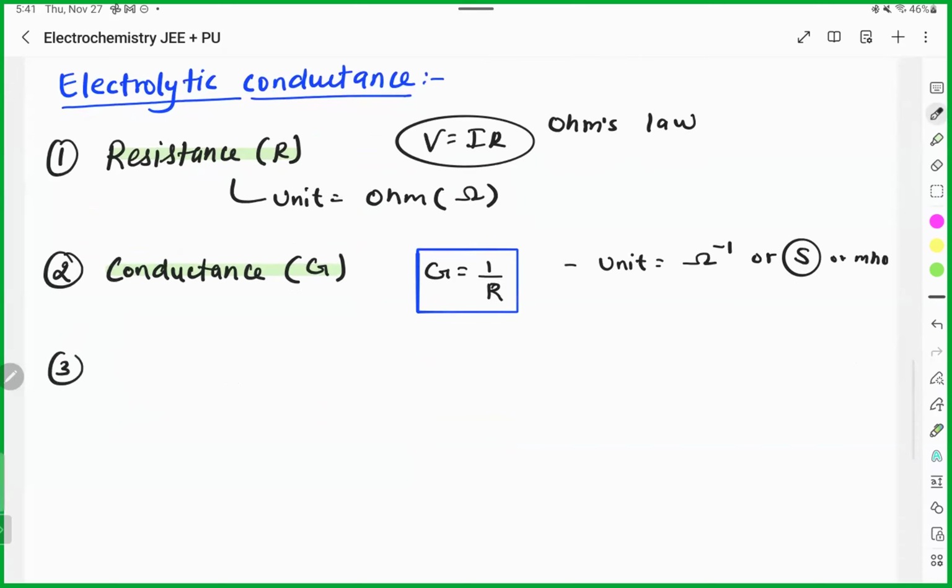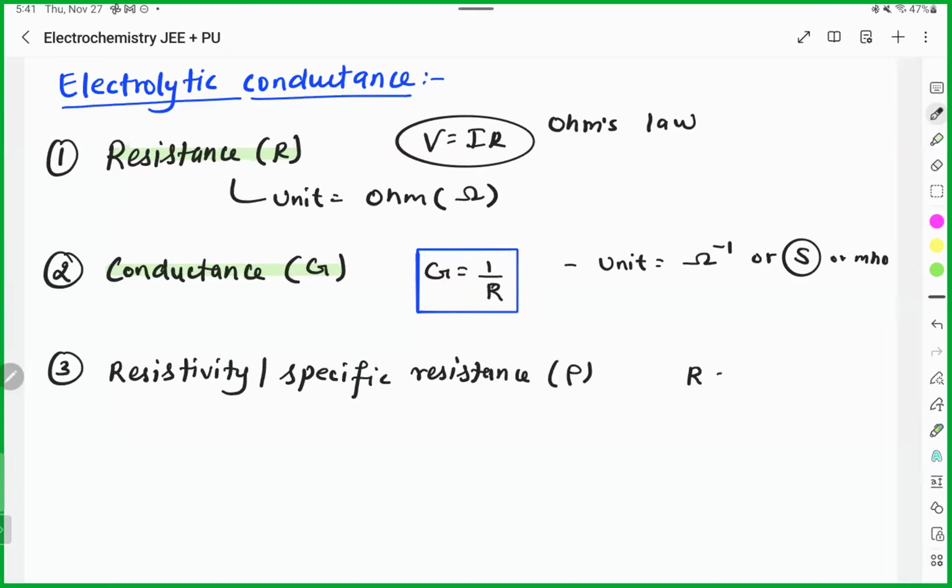Then the third thing is resistivity. When you say resistivity, another word we use for this is specific resistance. You know about this in physics, correct? We will not go much into the deeper section, but you know R is directly proportional to the length, inversely proportional to the area. If you take the constant, that is rho.